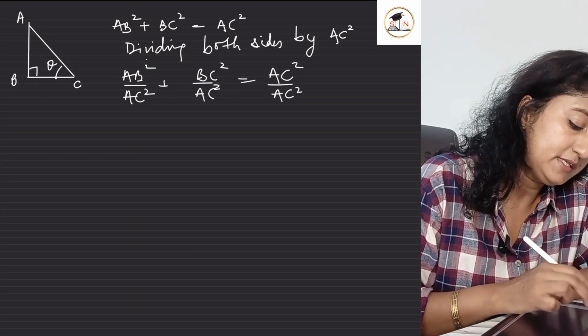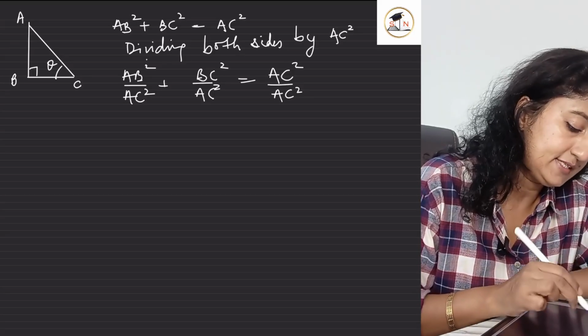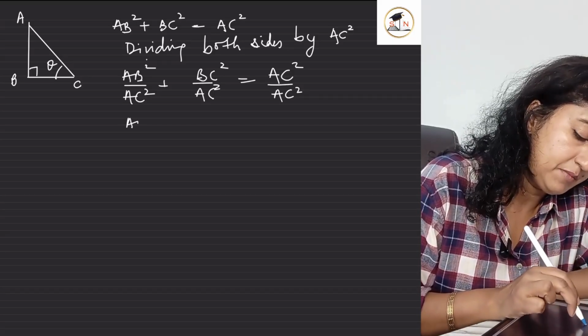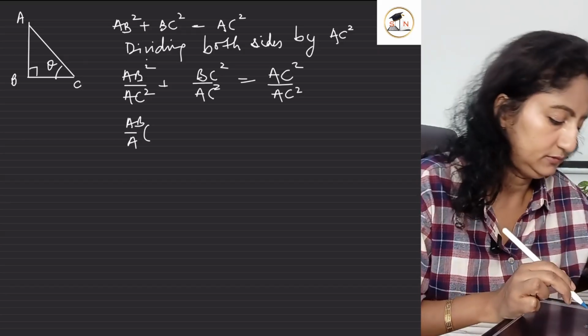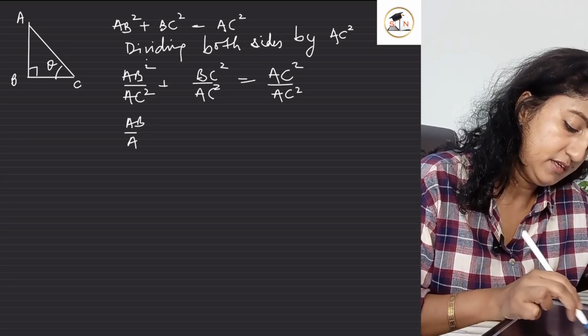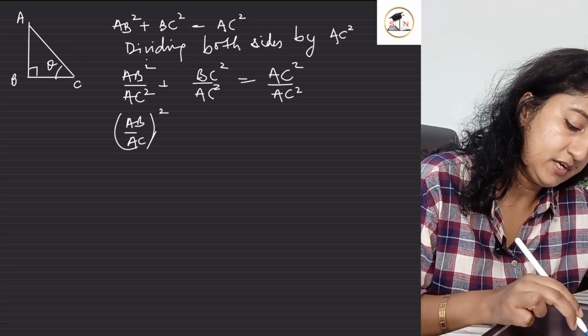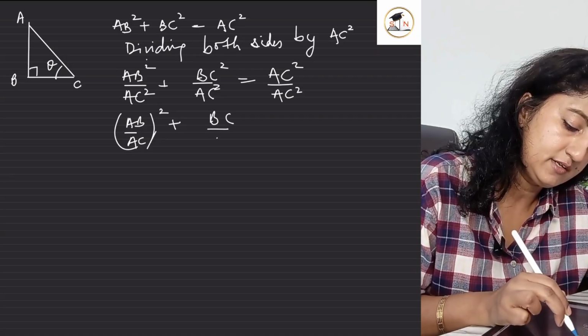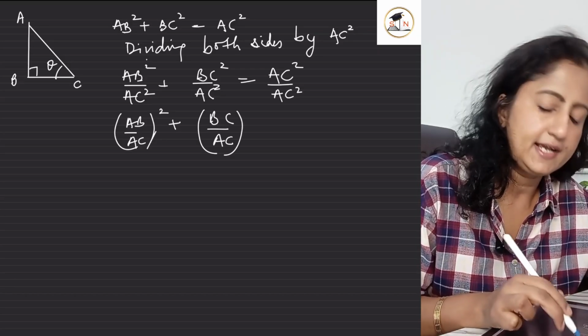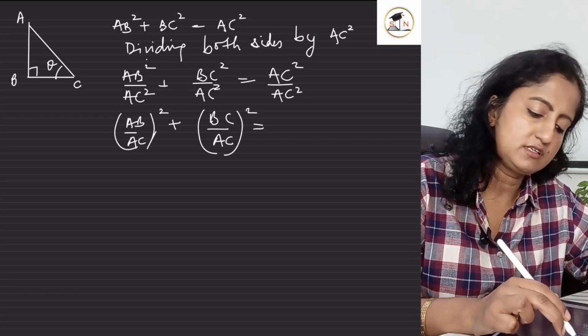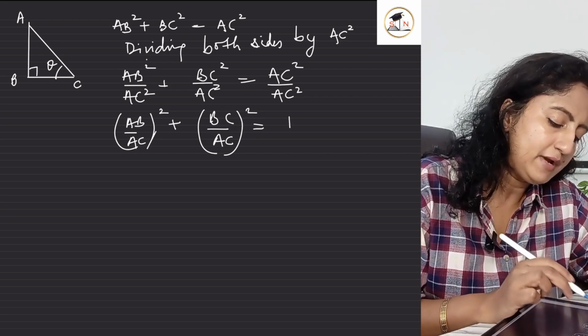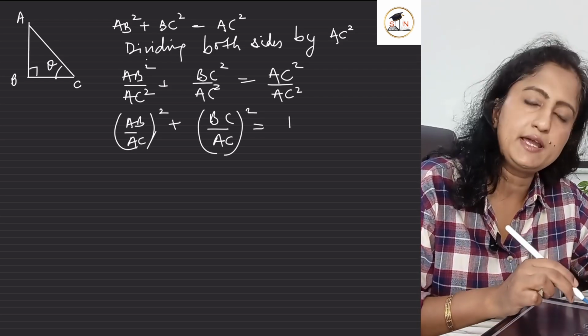Now, let's consider this is the point where we have our angle theta. Okay. So, with respect to this theta, AB by AC, I can write it as AB by AC whole square also. Right. And then I can write it as BC by AC whole square. On the right side, AC square by AC square gives us 1. So, what is AB by AC over here?